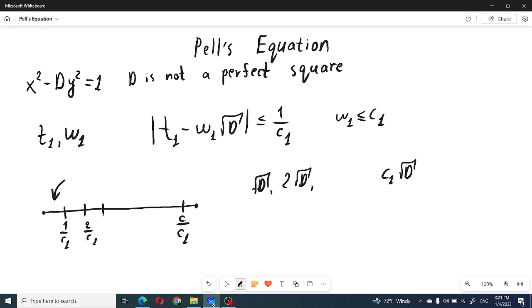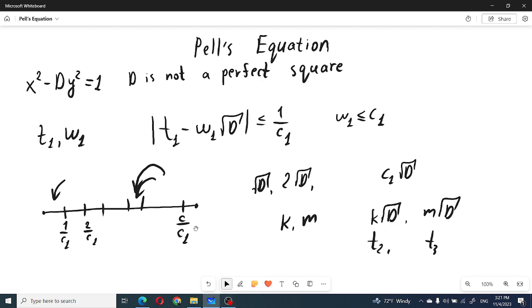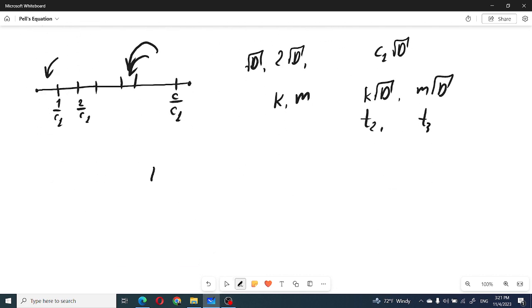So we can get two integers k and m by Dirichlet's theorem such that k square root d and m square root d will be in the same segment. Both of them must be in the same region. If we take t2 and t3 in this case, we get t2 minus t3 minus k minus m square root d.